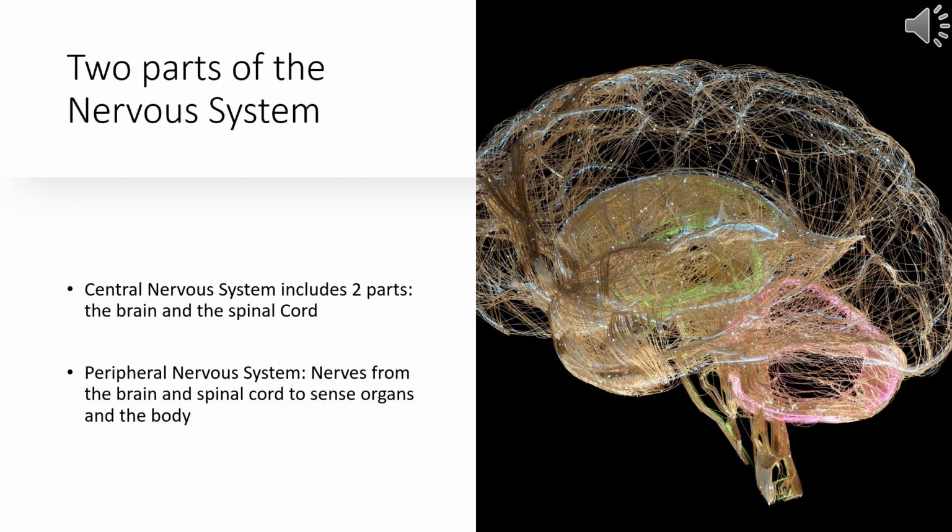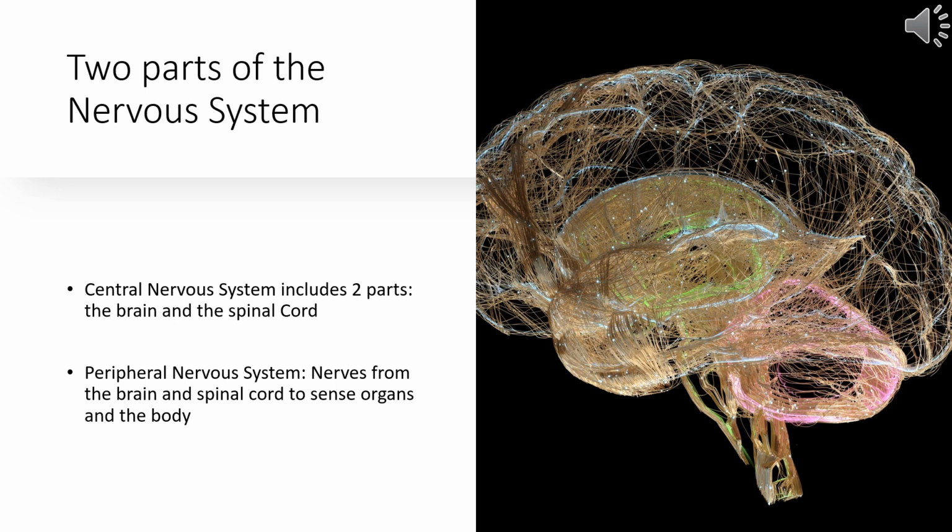To start with the infectious diseases manifesting in the nervous system, I figured I would first talk about the actual nervous system. To break it down into two main parts, you have the central nervous system, which includes two parts: the brain and the spinal cord. They're both made up of neurons surrounded by bone.